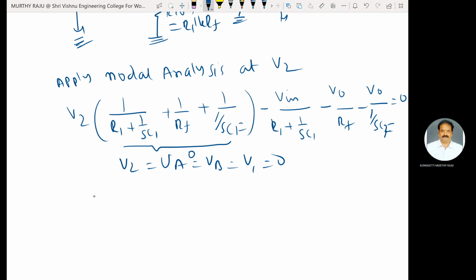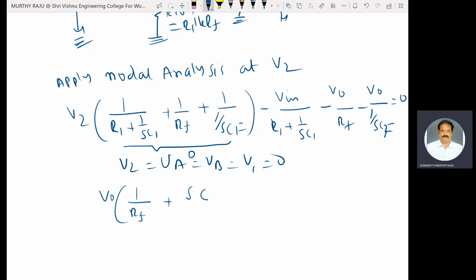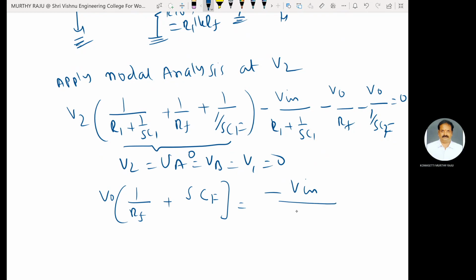V0 into 1 by RF plus SCF, minus V in by R1 plus 1 by SC1.